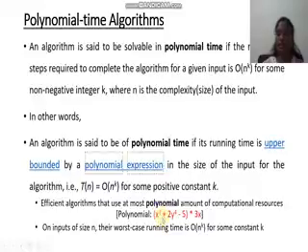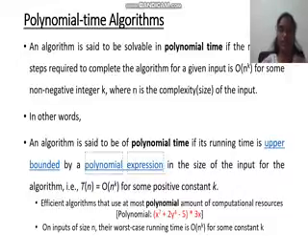This includes operations like addition, subtraction, multiplication, and division. And here the exponent cannot have a negative value, so it should be a non-negative constant.